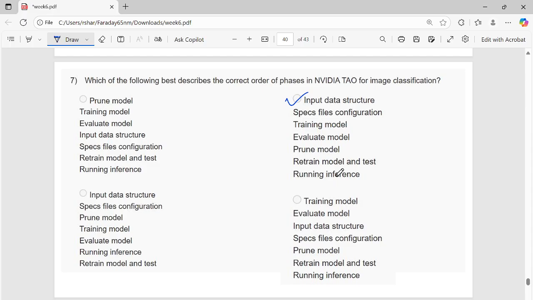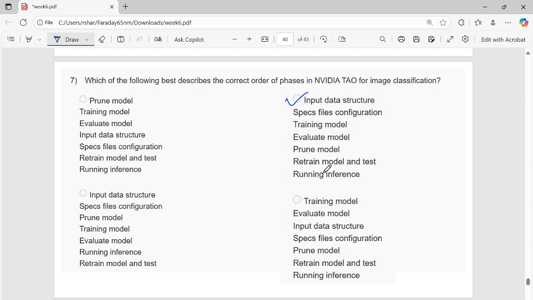So what are the steps to build this model with NVIDIA's TAO for image classification? First we prepare the data. Then we configure how the model will be trained and train it. Then evaluate the performance.